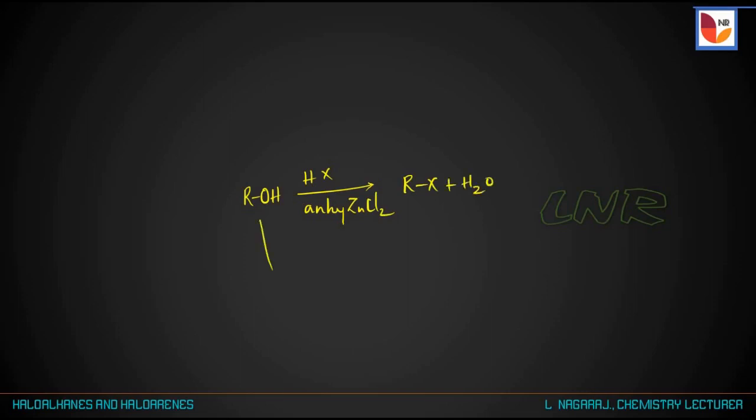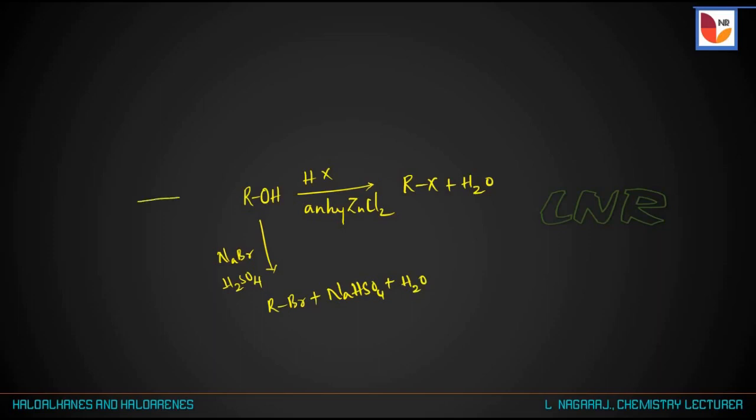And the next method is reaction with sodium bromide in the presence of H2SO4. So it gives the product RBr plus NaHSO4 plus H2O.